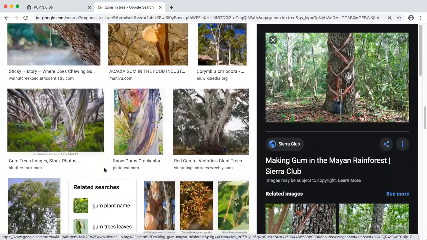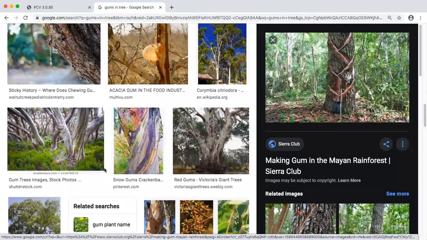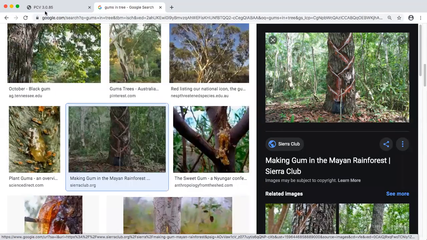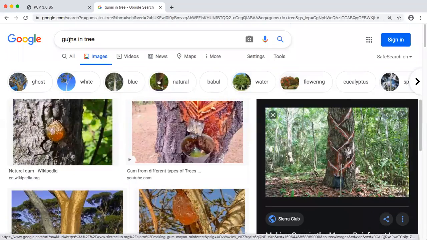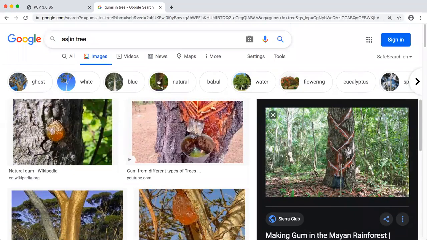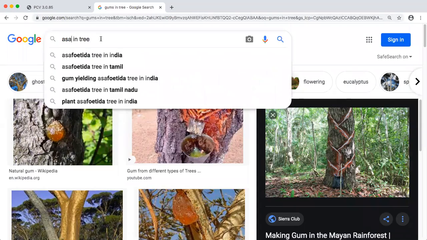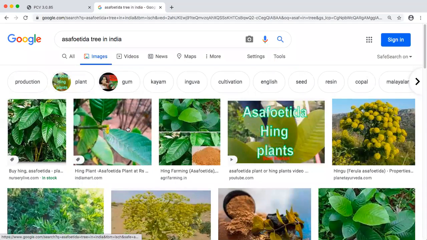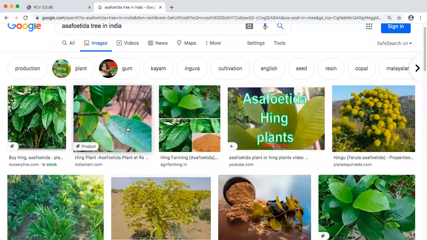I'm not sure if Asafoetida is a waste. This is the Asafoetida tree, they are saying.